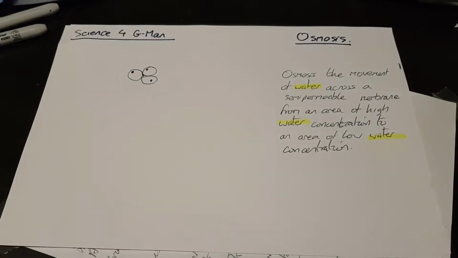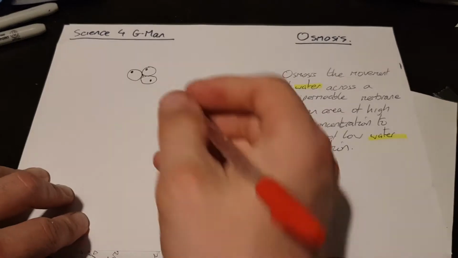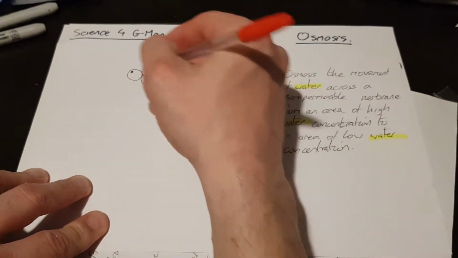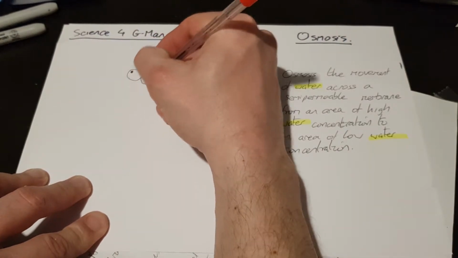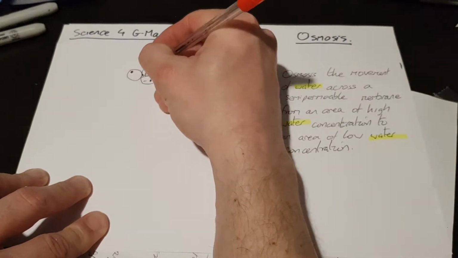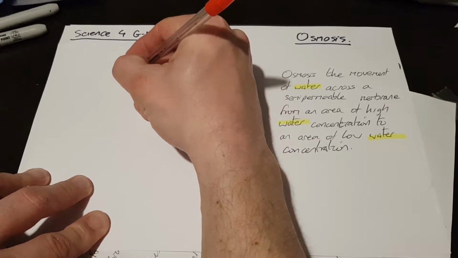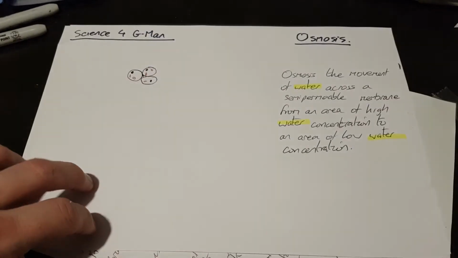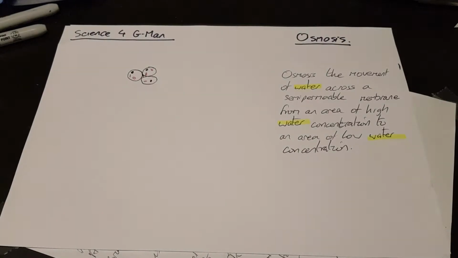It's this, which is our semi-permeable membrane. When we're thinking of osmosis, we're thinking about how water moves from cell to cell, or from outside of cells into cells. I'll just draw on a few mitochondria in each of our cells.